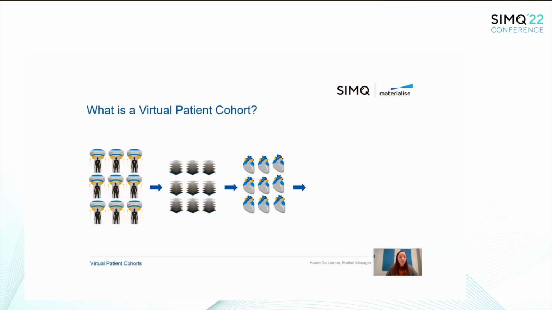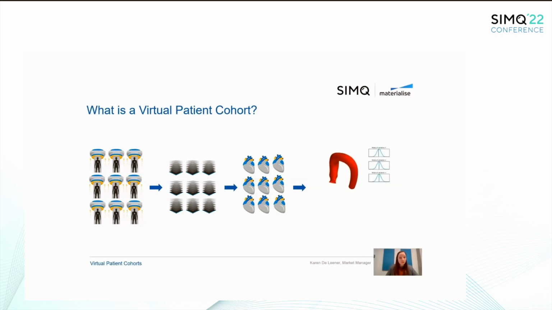With a method that we call statistical shape modeling, all these patients can then be combined into a general shape.